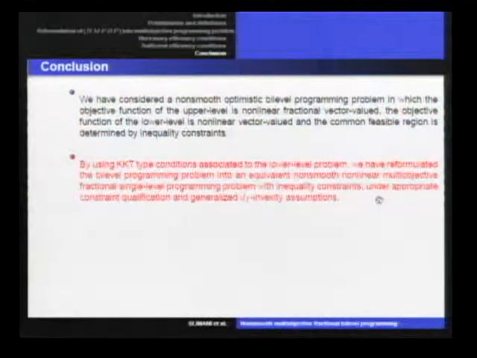By using Karush-Kuhn-Tucker type conditions associated to the lower level problem, we have reformulated the bilevel programming problem into an equivalent non-smooth nonlinear multi-objective fractional single level programming problem with inequality constraints, under appropriate constraint qualifications and generalized invexity assumptions.